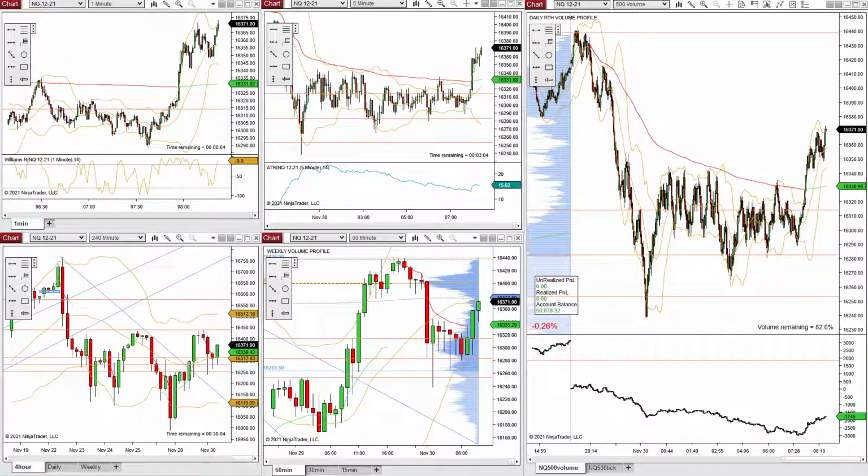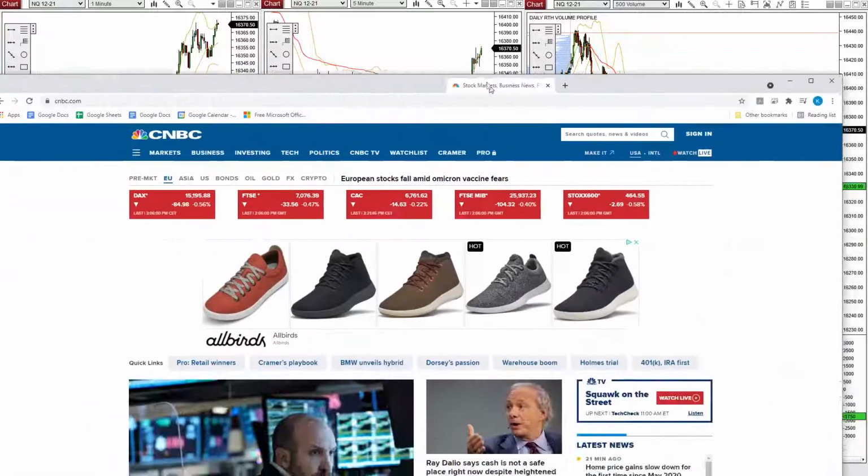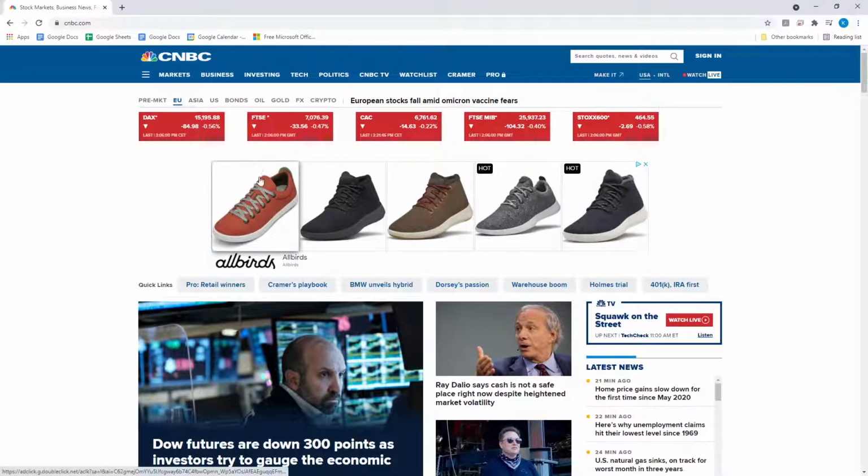Stuff's in the red, but Europe was in the red overnight. I like to see what Europe did sometimes if I'm trying to figure out what might happen. So Europe's in the red after we had a big green day yesterday. What's Asia doing? FX.